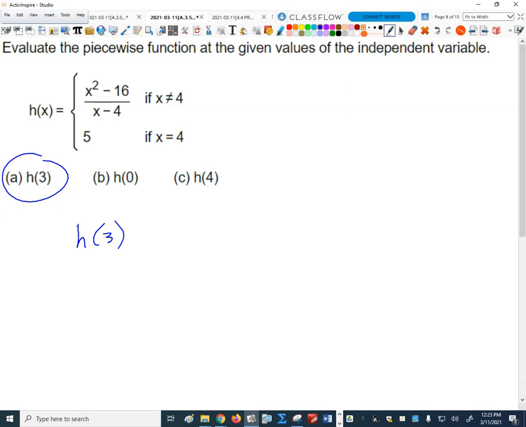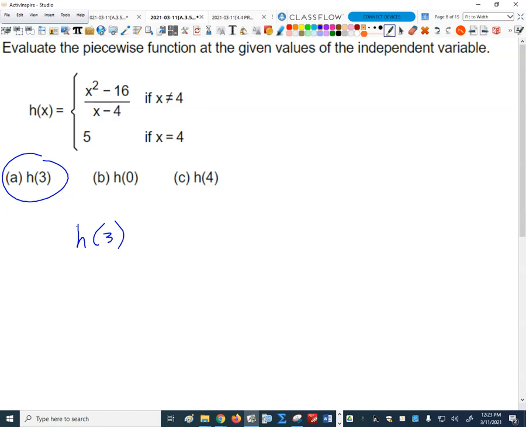Which piece does that fit into? Okay, now let's think about this one. What's the domain of the top piece? So all of the x values that are not equal to 4 get plugged into the top, right? If x is actually equal to 4, then we plug it into the bottom.